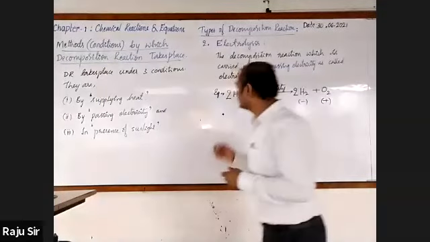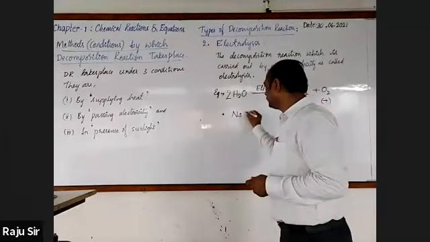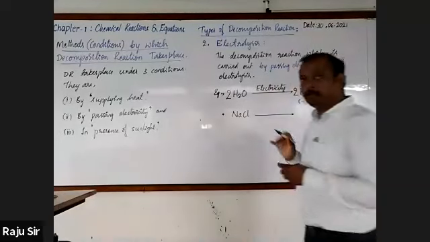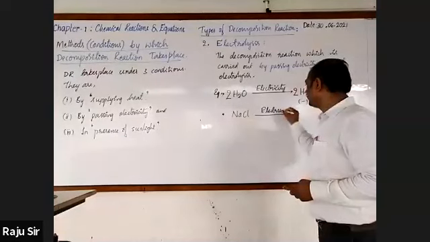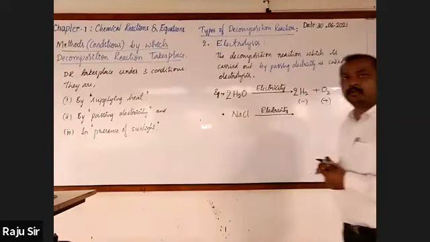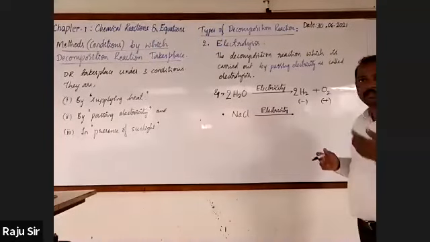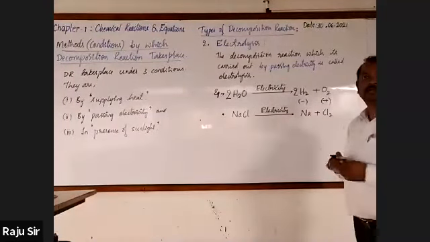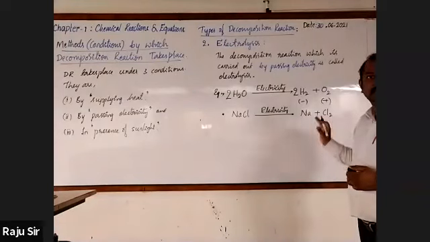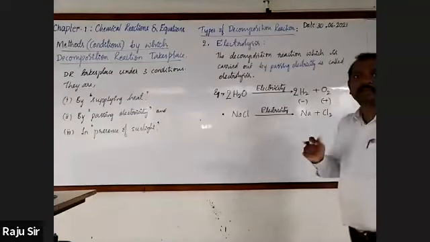The molten sodium chloride, that is NaCl, is taken and we pass electricity into it, and it decomposes into sodium and chlorine, Na plus Cl. Clear? Got it?